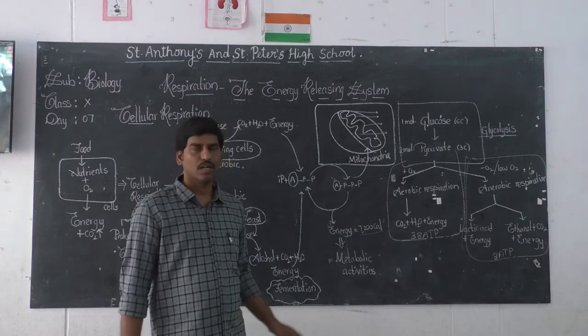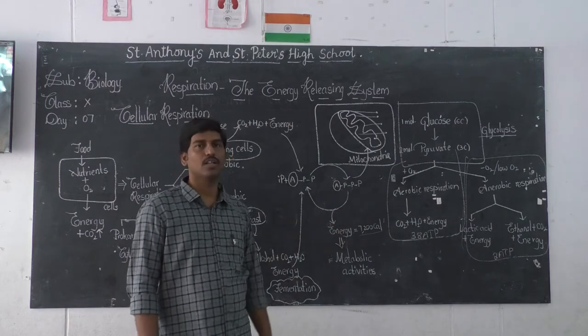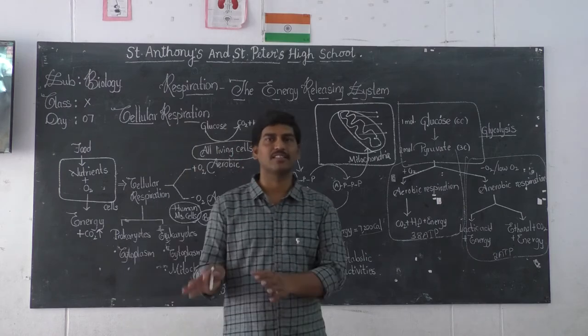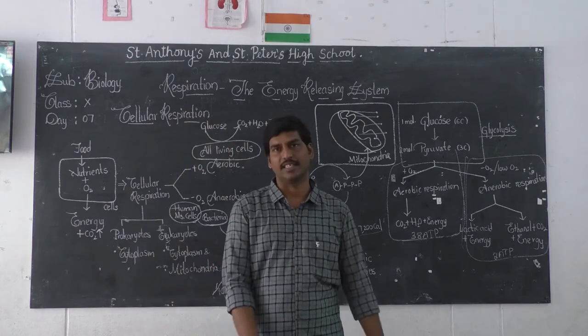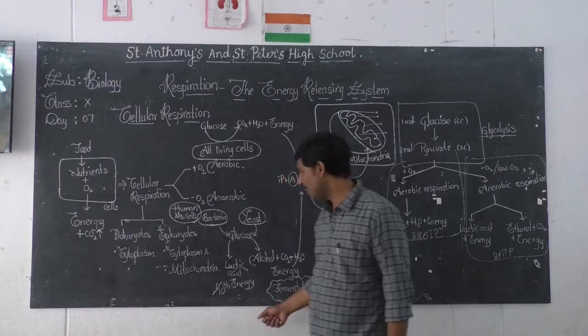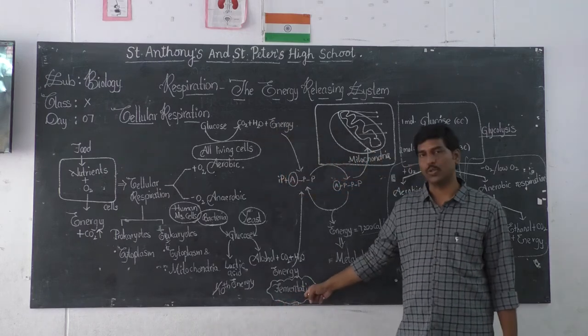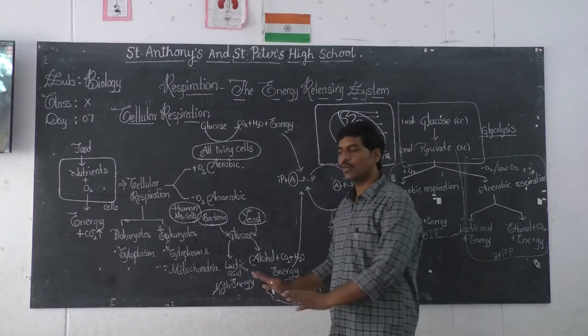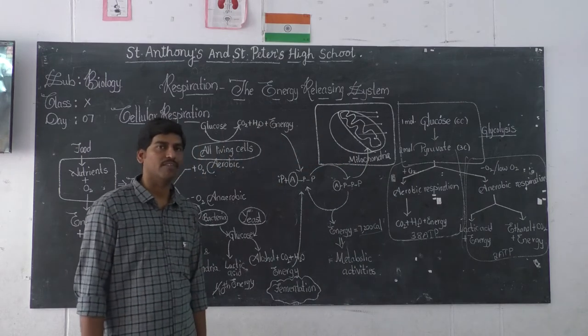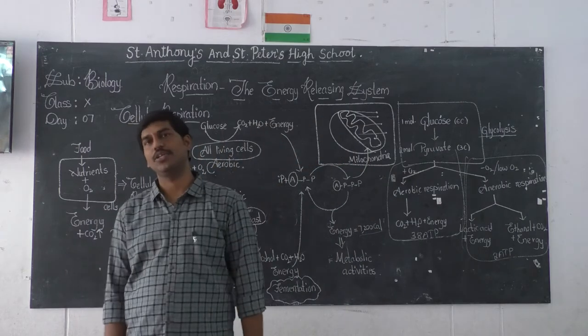Ethanol is an alcohol which is manufactured on a large scale in distilleries. This is because of fermentation, as I have already told you. So this is about cellular respiration and how energy is made available by the breakdown of nutrients.